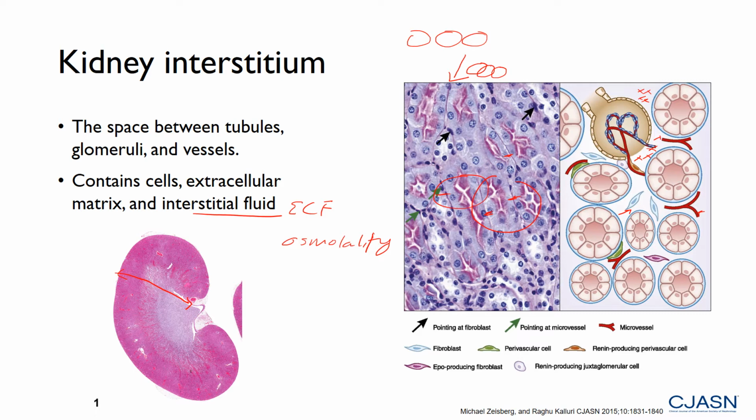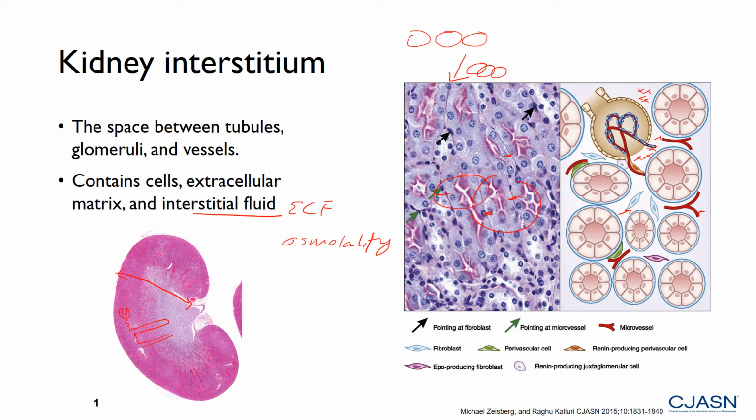But that interstitial fluid has different concentrations of osmolality depending on where you are. Up near the cortex, this is closest to where the glomeruli would be. And you have your proximal tubule, and then you have your loop of Henle that flows down to the medulla, and then it comes back up, and then you have your distal tubule, and then eventually it flows into a collecting duct.